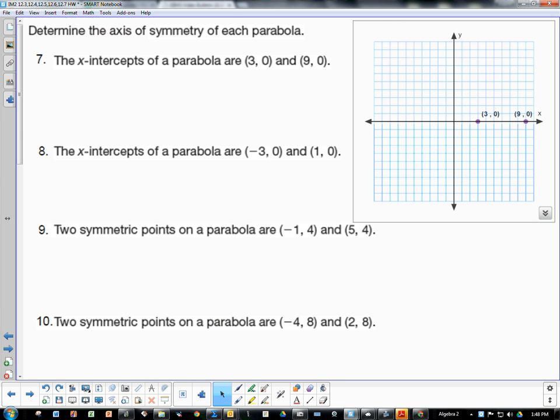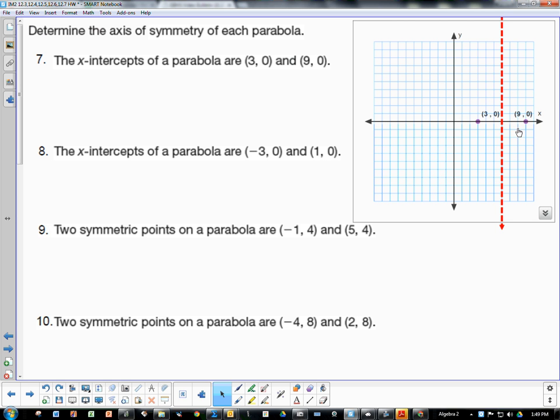Now, the way that a parabola works is that a parabola is going to be symmetrical about those. So this axis of symmetry, think about it. If I have an axis of symmetry, this axis of symmetry must be directly where? Right in the middle. It's going to be right about here.